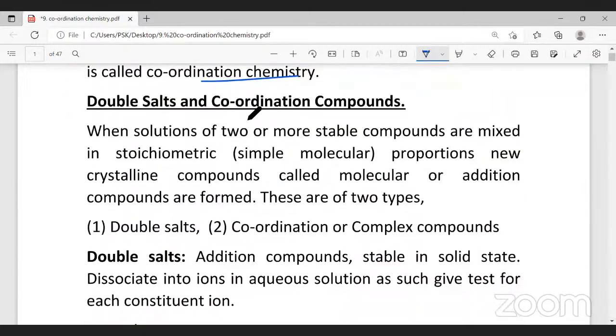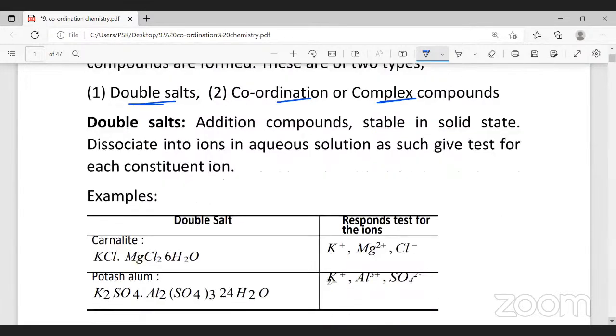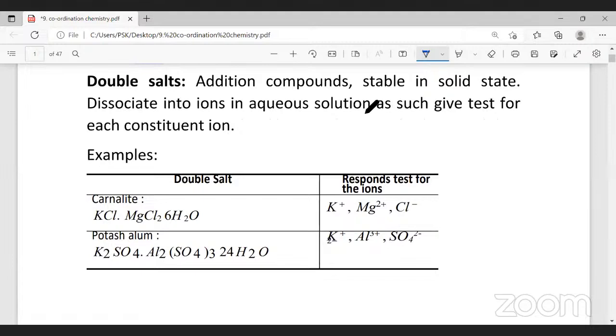Now, double salt and coordination compounds. When two solutions of two or more stable compounds are mixed in stoichiometric proportions, new crystalline compounds called molecular or addition compounds are formed. There are two types. I told you a double salt is formed by the combination of two simple salts. Coordination compounds or complexes are also formed by the combination of two simple salts. Now, double salt: addition compounds stable in solid state dissociate in aqueous solution to give tests for the constituent ions.